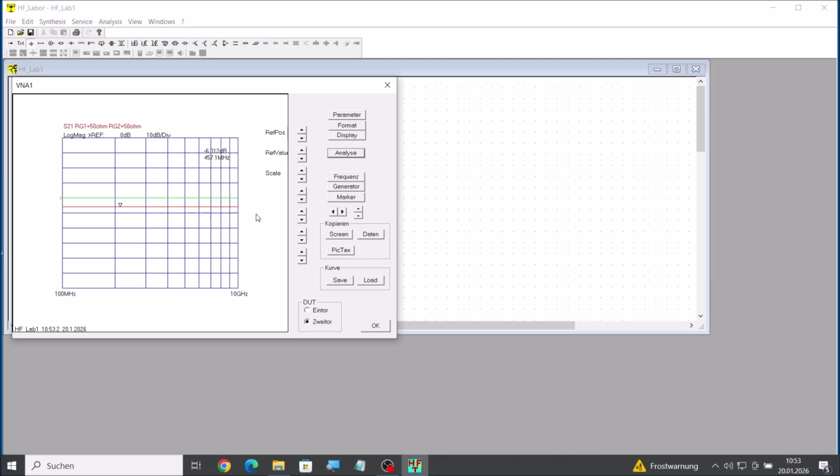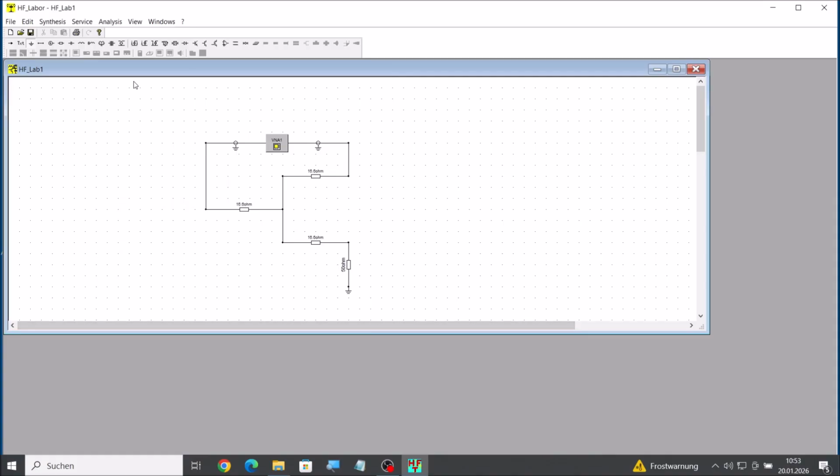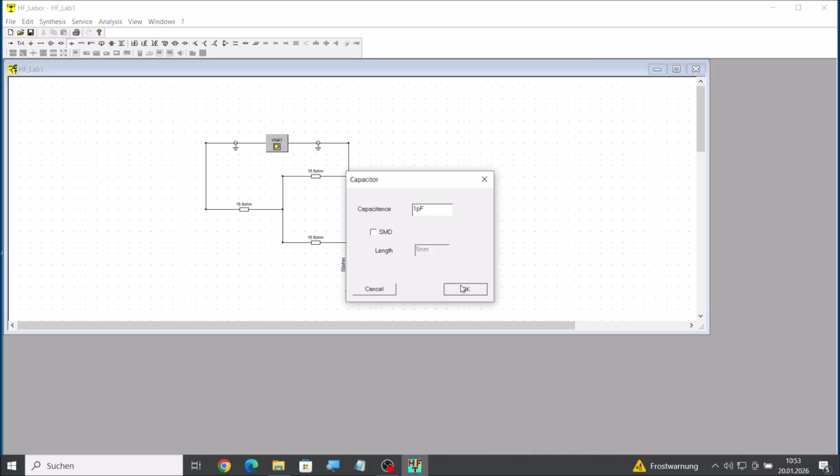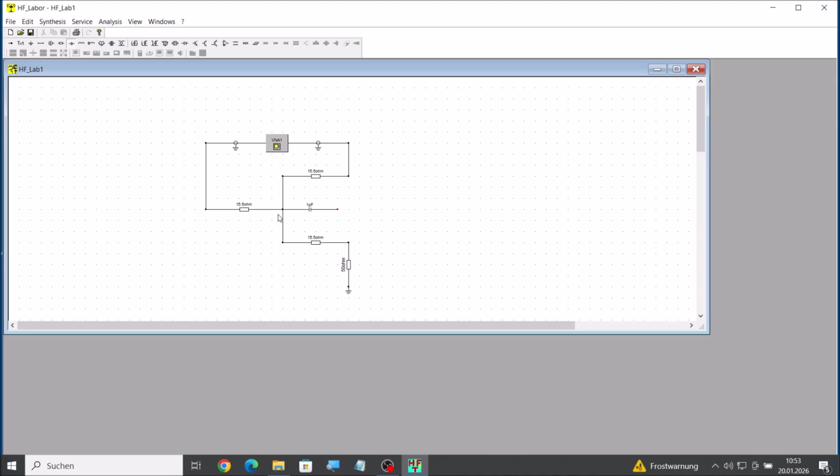And to demonstrate at least the influence of a parasitic, I want to include now a 1 picofarad capacitor, which would, for example, account for the capacitance of this solder point. You must solder these resistors together, and of course I assume this would result in a capacitance of 1 picofarad against ground.